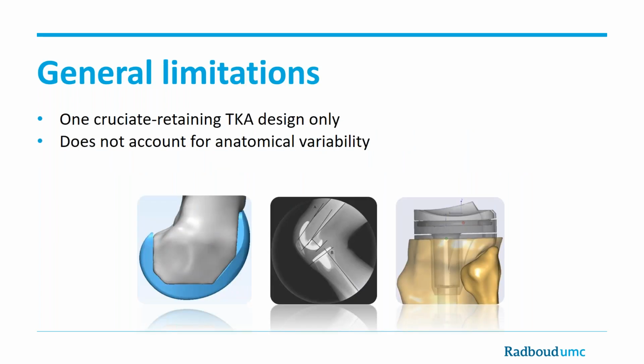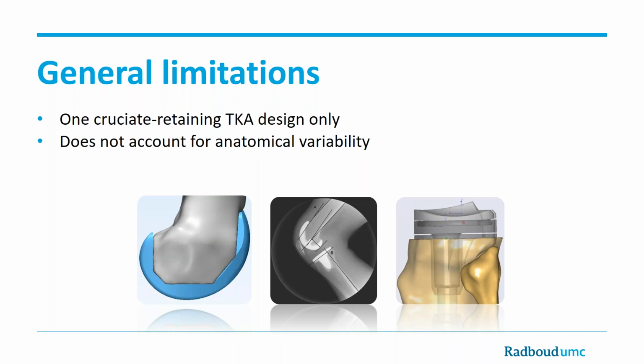I would just like to mention a few limitations of these two studies. First of all, we only looked at one cruciate-retaining design. So it is generally not possible to extend the results to other types of TKA prosthesis, because the mechanism for providing stability, for instance, can be rather different.